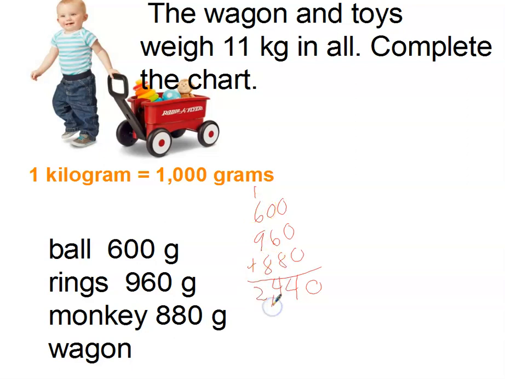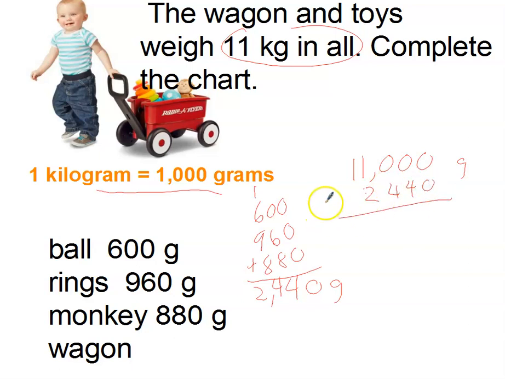So 2,440 grams. Altogether, it weighed 11 kilograms, and if 1 kilogram is 1,000, that would be 11 times 1,000 is 11,000 grams. And all the toys inside the wagon weigh 2,440 grams. I'm going to subtract.